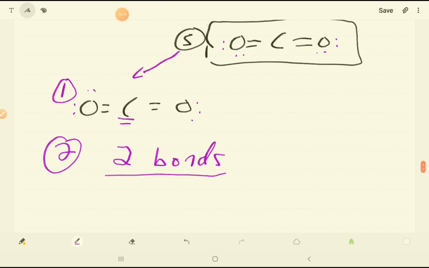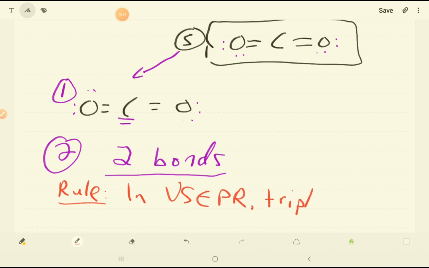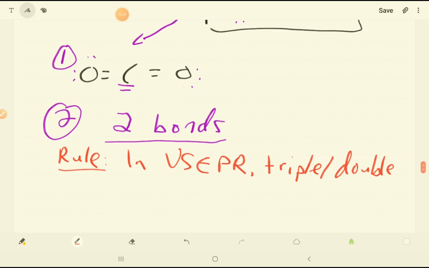We're going to underline this and write a little note. And this will be a rule. And that is in VSEPR, triple and double bonds count as 1 bond. And this is never going to be changed. There are no exceptions to this rule.